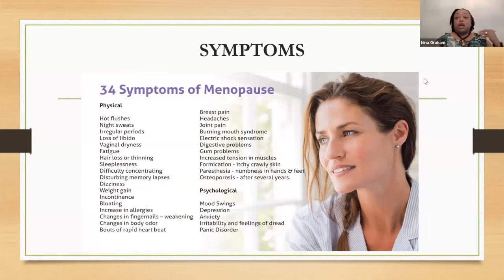There are some uncommon symptoms that women aren't aware of, like over your skin, your feet start getting numb, you're moody as hell, and all of these things are symptoms of menopause. Okay, and I don't want to go through all of them, but most of these symptoms are related to either estrogens, progesterones, testosterone. Okay.